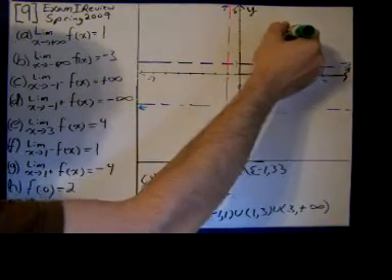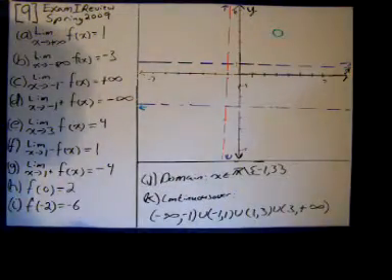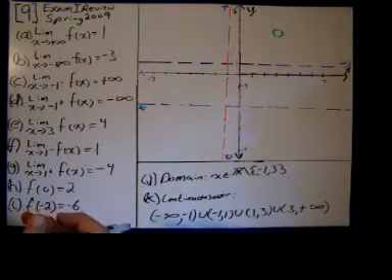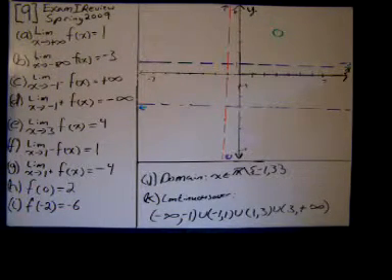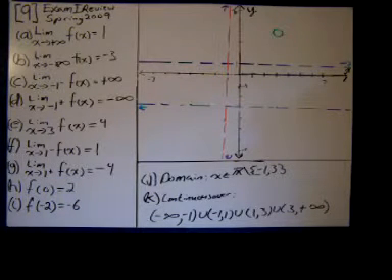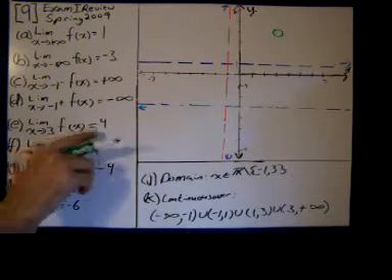I caution you about putting a dot right there. Notice how I drew a circle. Remember, the limit doesn't tell us what's going on at a particular value of x. It tells us what the y values are doing around that particular value of x. So we may end up filling in that circle, we may not, but we know around there that the y values are tending to 4.